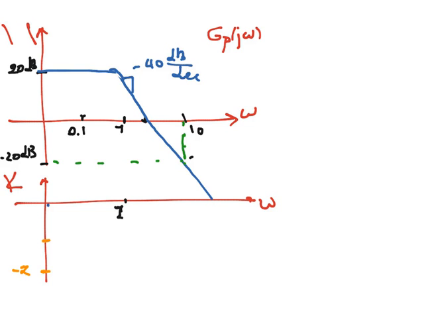So here we have minus pi over 2, 0. And if these are the asymptotic lines, so this is somehow the phase plot that we have for G j omega.